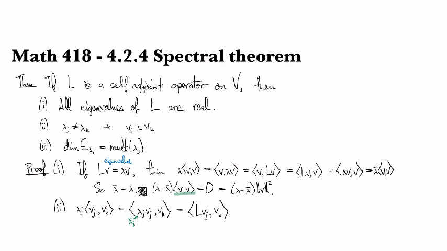And then you see where this is going. We're going to do exactly the same thing. The next step is to take L and move it to the other side of the inner product. Then you can convert it back into lambda and pull it out, only this time it's going to be the lambda for Vk, which is lambda k.